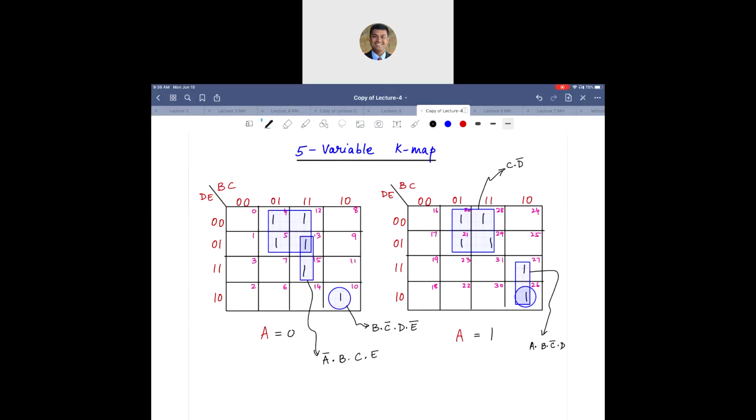So you can treat them as the two 4-variable K-maps as layers that are resting on top of each other. The first layer is when the A is 0, and then the second layer is A is 1. And you can think about making those bigger groups. So I hope that was helpful. Let's move on here.